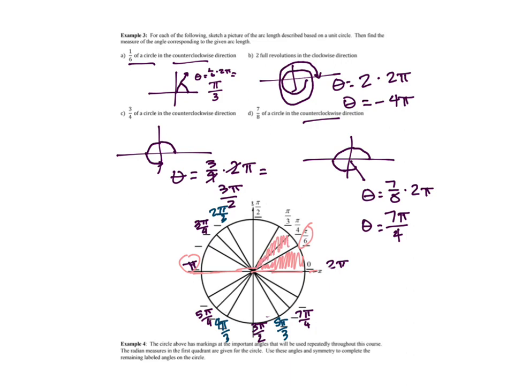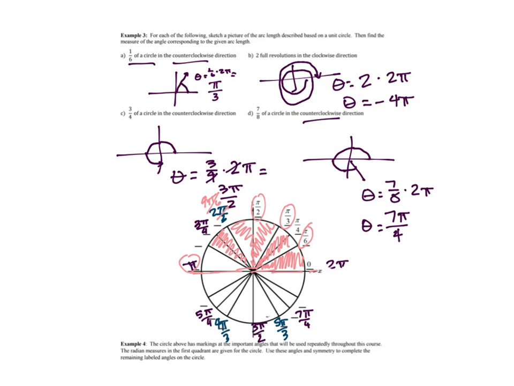What do you got? 2 pi over 6, also known as pi over 3. Do another one. 3 pi over 6. Looky there, a half. Go again. 4 pi over 6. Uh-oh. This guy should be 4 pi over 6, also known as 2 pi over 3. Same thing, right?